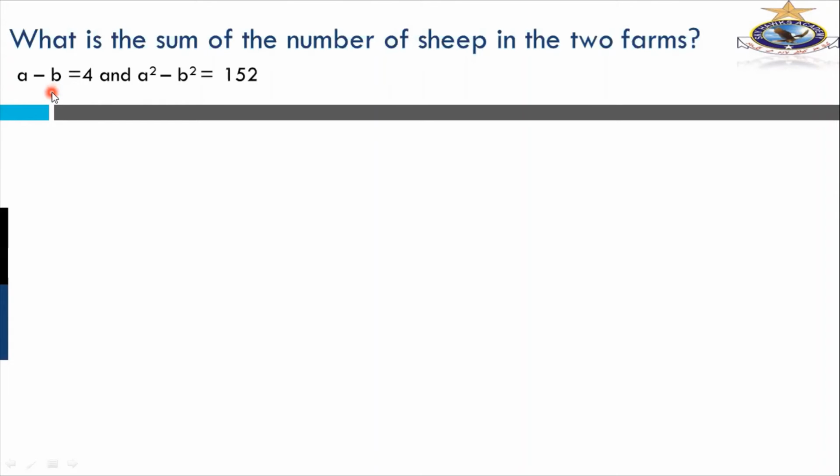We are just looking at the algebraic form. Whatsoever A is, B is, A square is, B square is, for a little while forget about that. Just focus on these two things. That is the algebraic expression: the difference of two unknowns is 4, and the difference of their squares is 152.